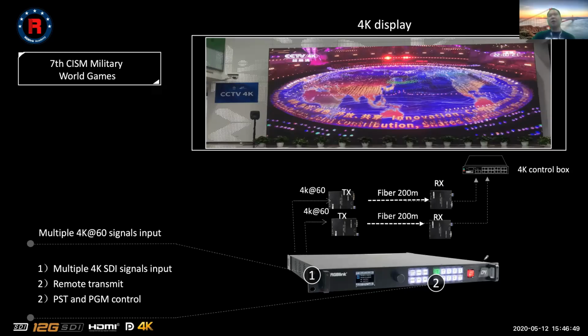This is an example of how the event happens. The content is landed by the D4 as inputs, and then the D4 outputs go through fiber transmission to meet the distance requirement. After the fiber signal receiver, it goes to the display systems.